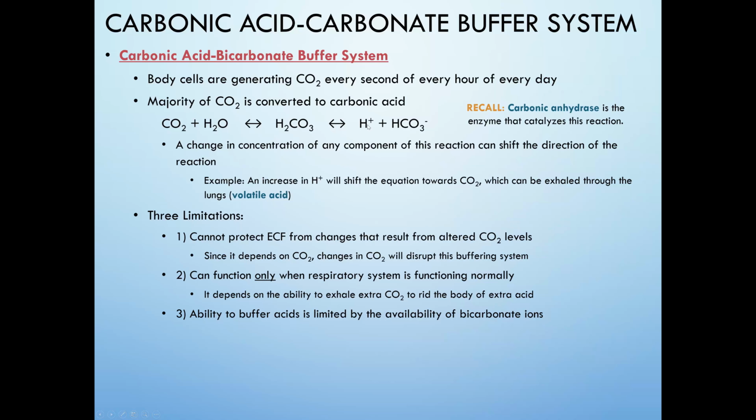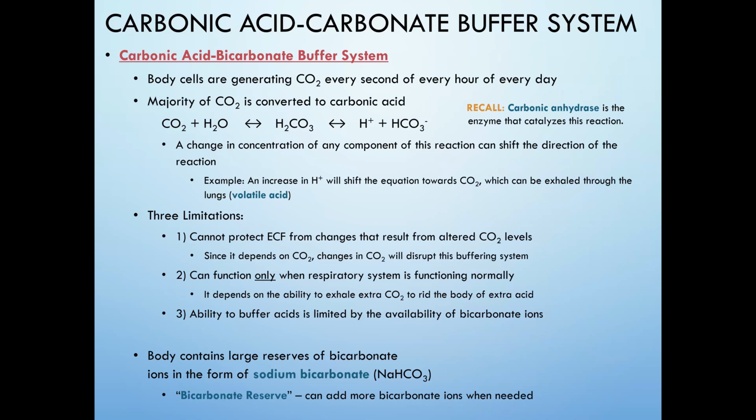Now, the body does contain large reserves of bicarbonate ions in the form of sodium bicarbonate. So this is called the bicarbonate reserve, and it can add more bicarbonate ions when needed. And then the kidney also has the ability to create new bicarbonate ions from carbon dioxide in the DCT and the collecting system. And as they do this, the hydrogen ions are immediately secreted into the urine. So it is just adding bicarbonate ions to the body.